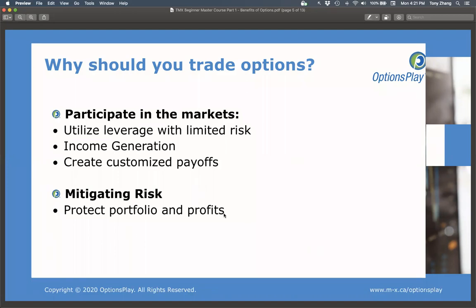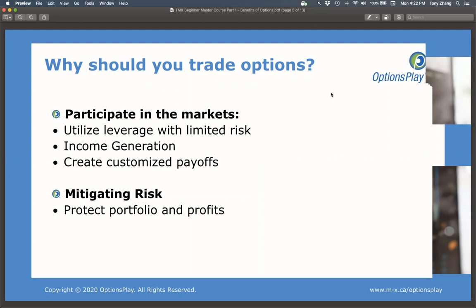So the majority of you here are learning how to trade options. So welcome for all of you that are in the process of learning how to trade options. Some of you may be ahead of others, but this is a beginner's options master course to really start you from the very beginning. So most of you fall into this category.